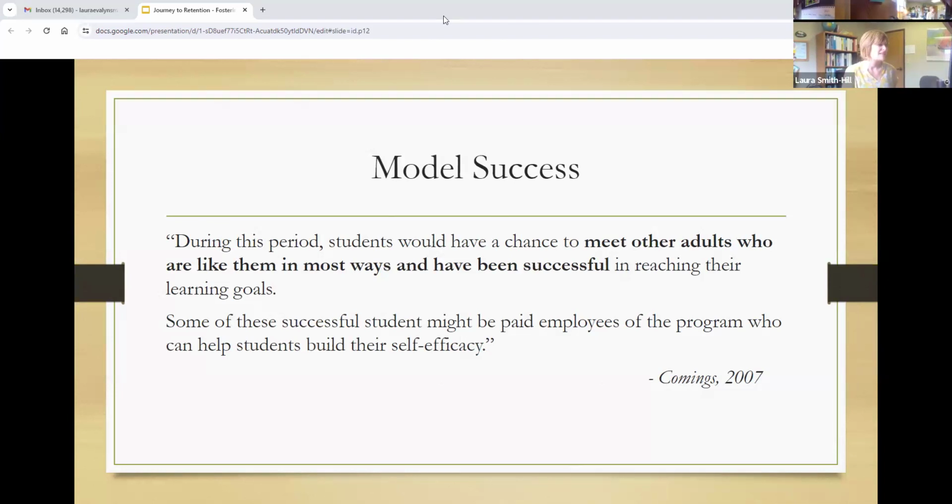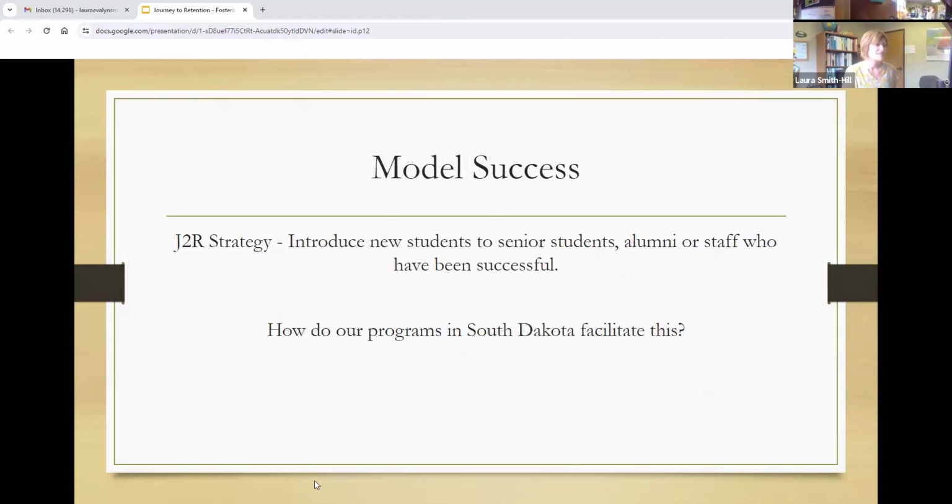Let me go to the next statement for our discussion, and that is the J2R, or Journey to Retention strategy, mentioned in the AIR training, was to introduce new students to senior students, alumni or staff who have also been successful. How do our programs in South Dakota facilitate this?